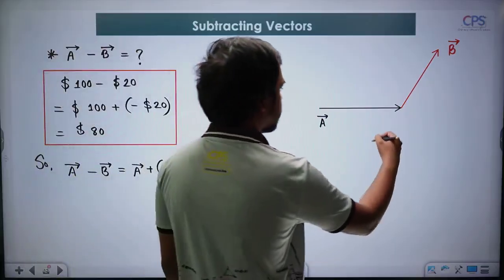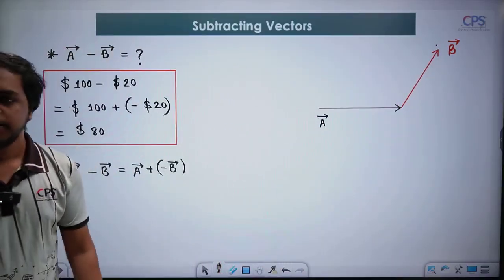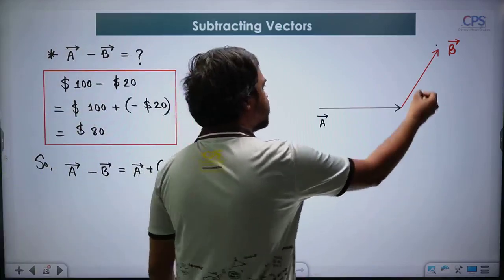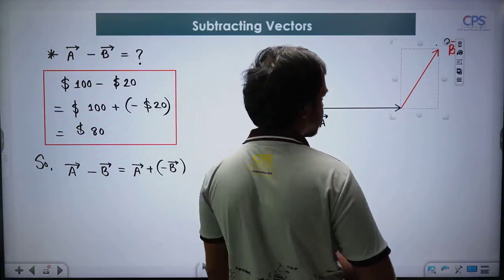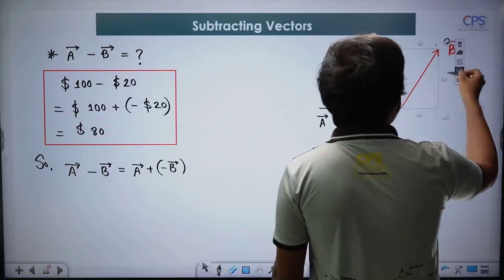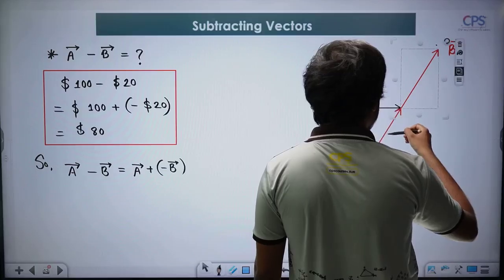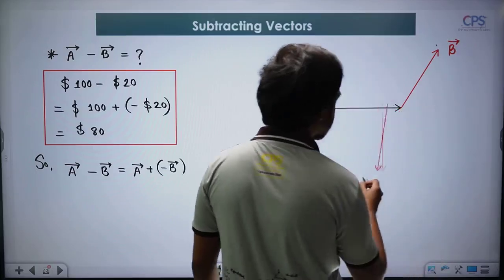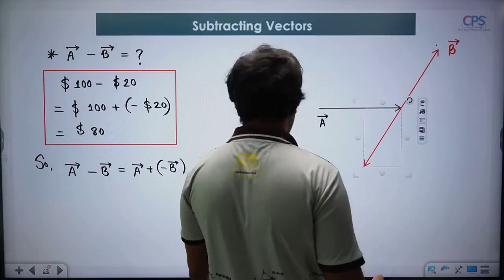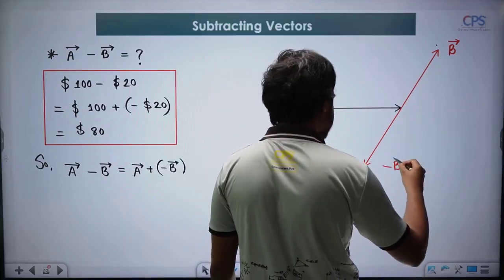So this is b. How do you get minus b? To get minus b, you need to reverse this b vector and you will get the minus b. How to reverse it? You can reverse it by doing something like this. See, this is b vector and this will be minus b vector.